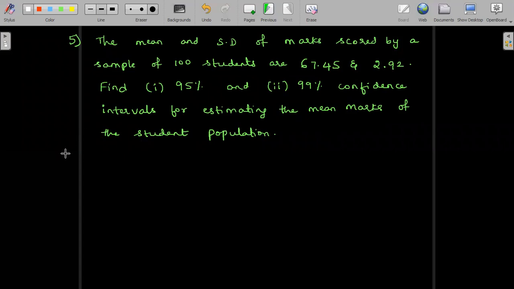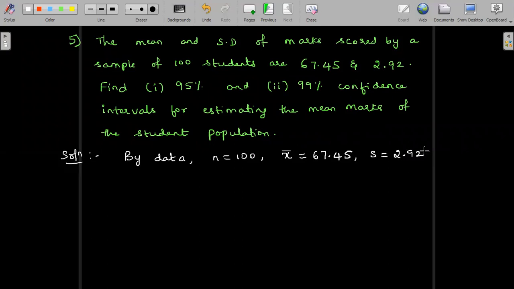So by data, we have n equal to 100, mean x bar is 67.45 and standard deviation S of the sample is 2.92.